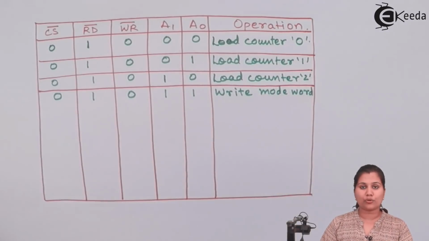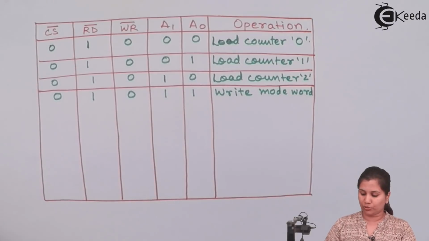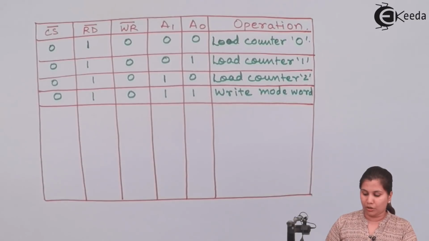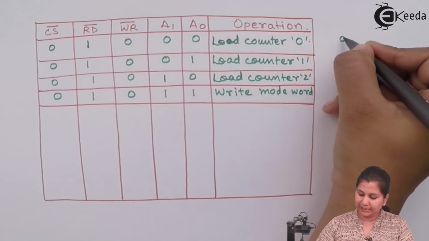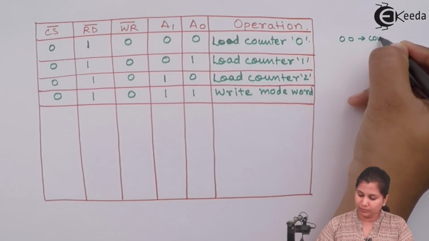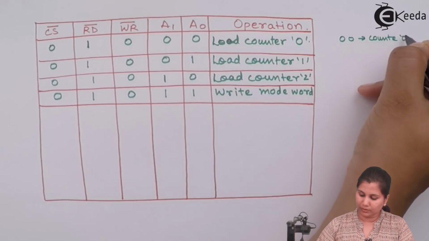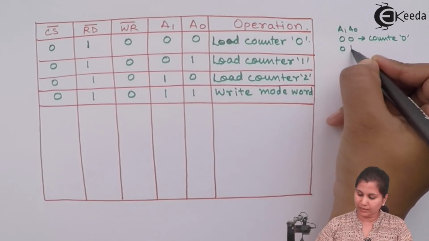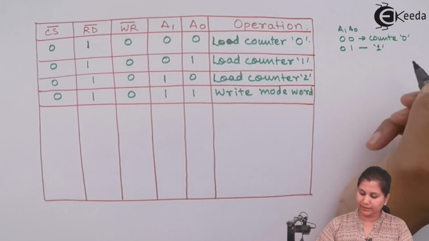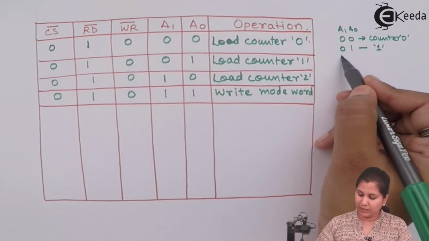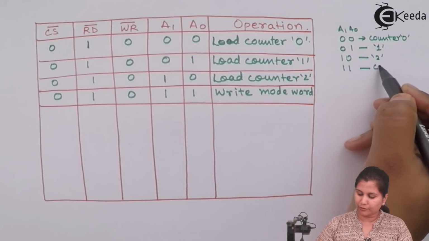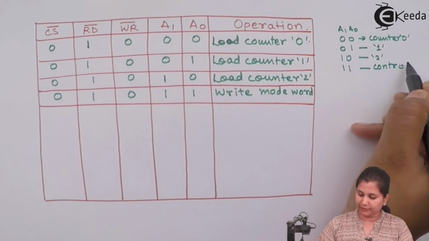That is, to write the control word into the control register. So 0 0 basically selects counter 0. If it is 0 1, then the first counter is selected. If it is 1 0, then the second counter is selected, and if it is 1 1, then the control register is selected.